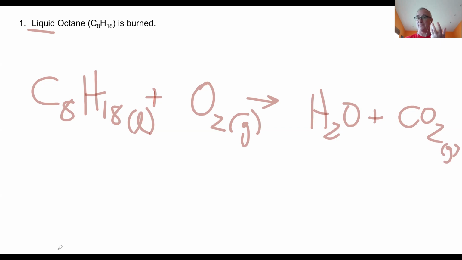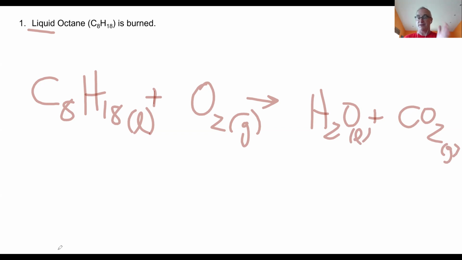Now, water at room temperature, 25 degrees, and 1 atmosphere of pressure, is a liquid. So we would actually put liquid here. Although it's pretty obvious that if we're burning something, the temperature is going to be a lot higher than room temperature, and it's probably going to be a gas.